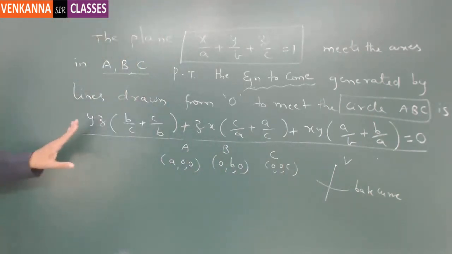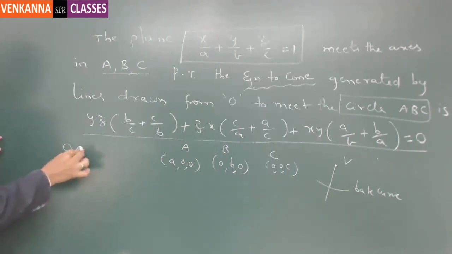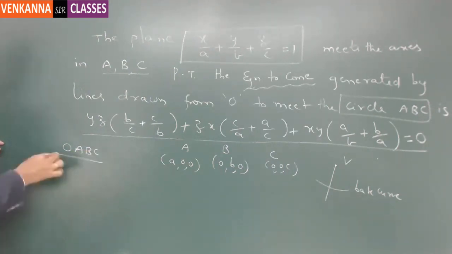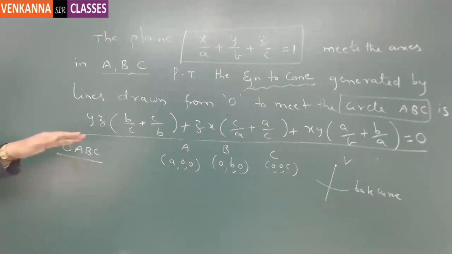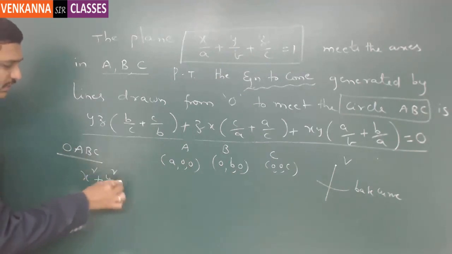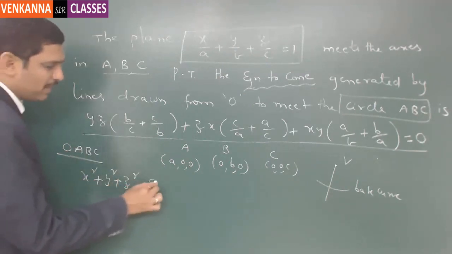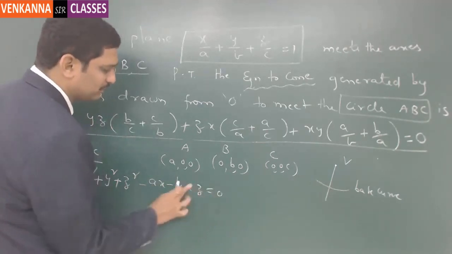And if you want to consider the sphere, I will consider the sphere as passing through O, A, B, C, because in order to determine a sphere equation, we should have 4 points. The 3 points are taken as they are, and I have taken origin as an extra. So using the 4 points, the sphere equation will come as x square plus y square plus z square minus ax minus by minus cz equal to 0.